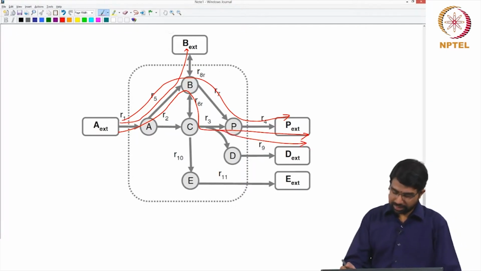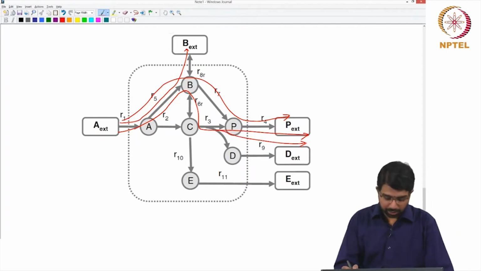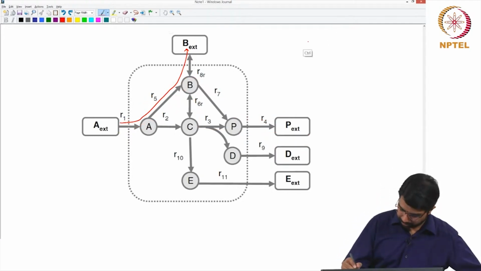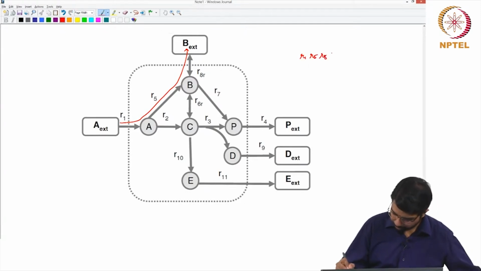So this is an interesting pathway, right? Anyway, let's write it down. So this is the first extreme pathway. This is R1, R5, R8.